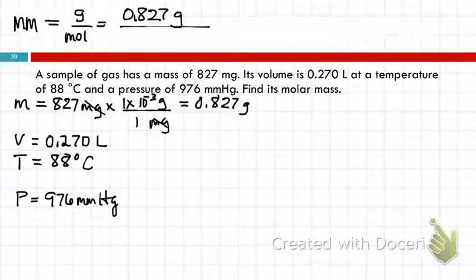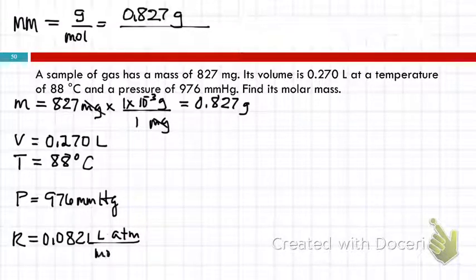Now I need to find out how many moles. Well, moles is N in the ideal gas law. So I've got a volume, a temperature, and a pressure. I know what R is. R is 0.0821 liter atmospheres per mole Kelvin.